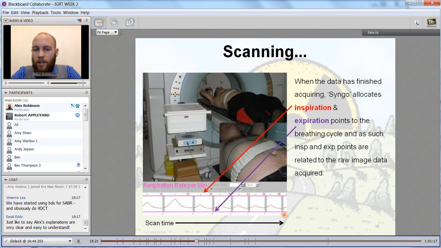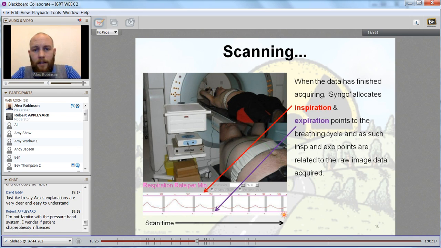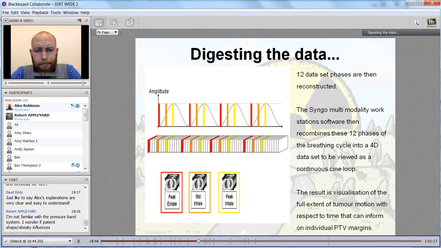So generally, we'll just ask our patient to breathe in the normal fashion. Obviously, we have to consider that these patients will have had diagnostic scans where they were told to hold their breath. So it is important for us to make this rationale: do we get the patients to breathe, do we coach them, or do we just ask them to breathe normally? These are things we do have to consider.